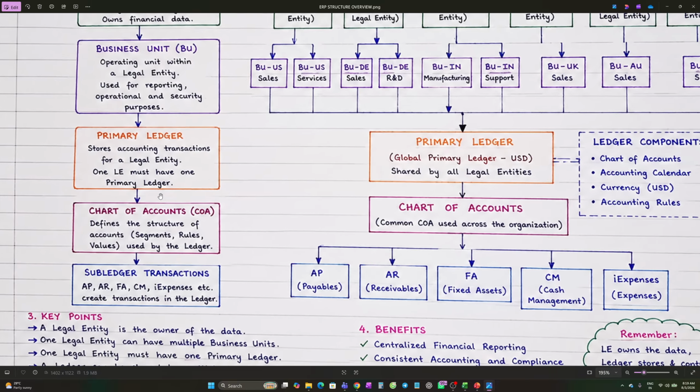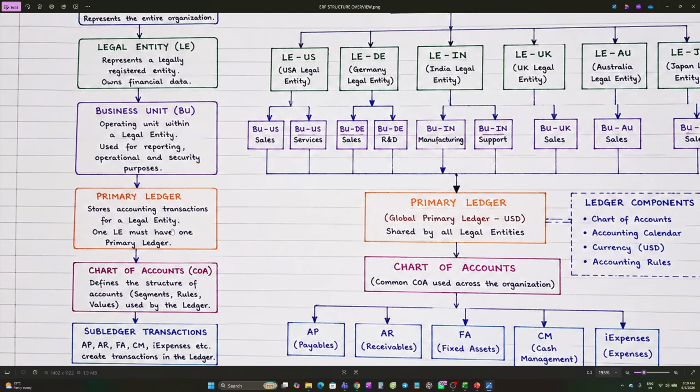It stores the transactions related to this legal entity, and one LE must have one primary ledger. At least, if you are creating a legal entity, that legal entity must be linked with one primary ledger. Not only one primary ledger, we can map two or more primary ledgers. At least one primary ledger is compulsory.